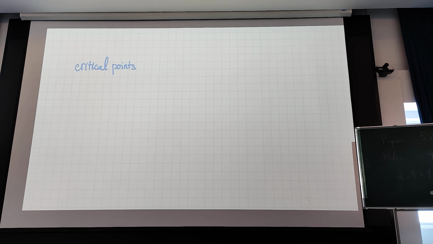So in calculus 1, for one variable function, you have already learned what is a critical point, right? And now we have this very similar object for the multiple variable function.